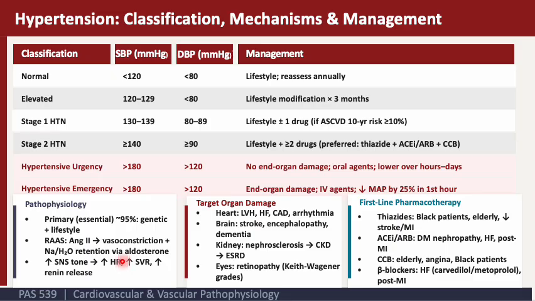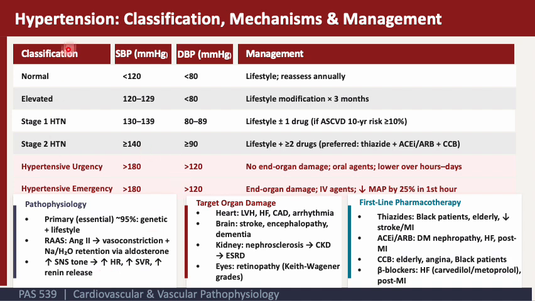This can also be seen in renal artery stenosis. You can also have an increase in sympathetic nervous system tone, which increases your heart rate and your systemic vascular resistance. That will also increase renin release, and that will in turn make the blood pressure elevated.